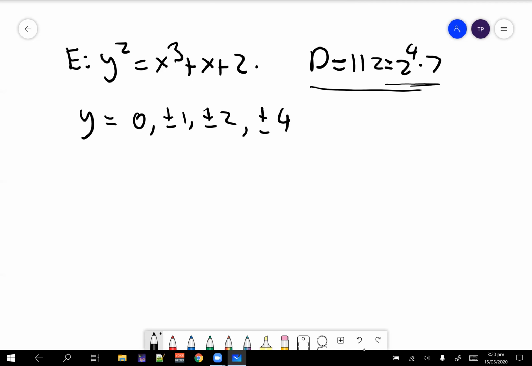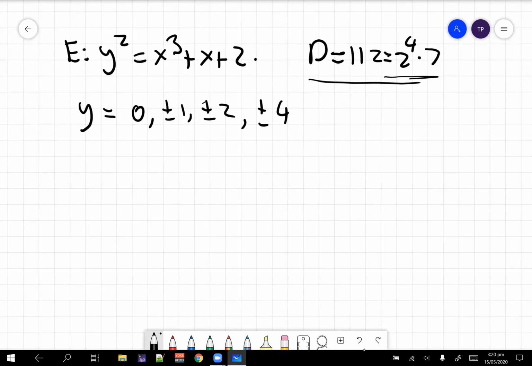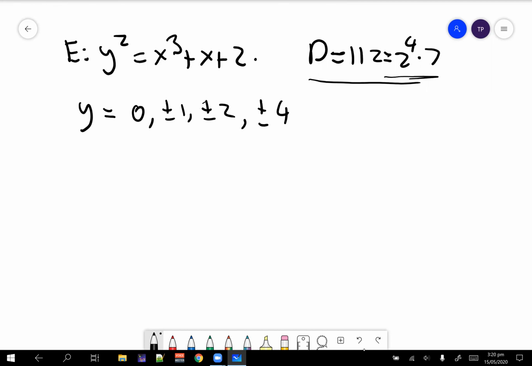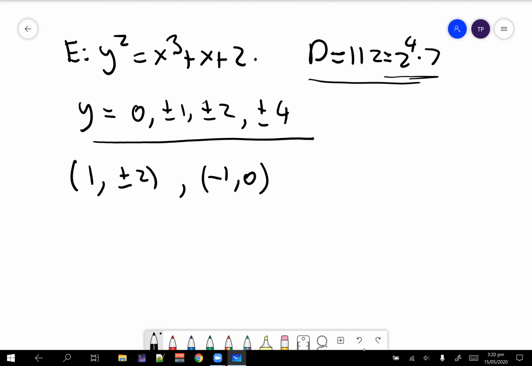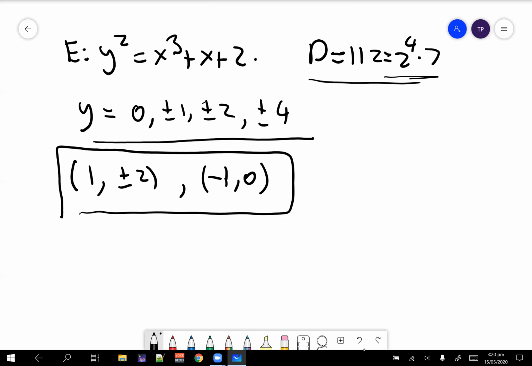And if we solve for integer values of x, I just put the elliptic curve into Wolfram Alpha and solved it there. We get the only integer points with y equal to one of these are 1 comma plus or minus 2 and negative 1 comma 0. So we only have to see whether these candidates are finite order points.